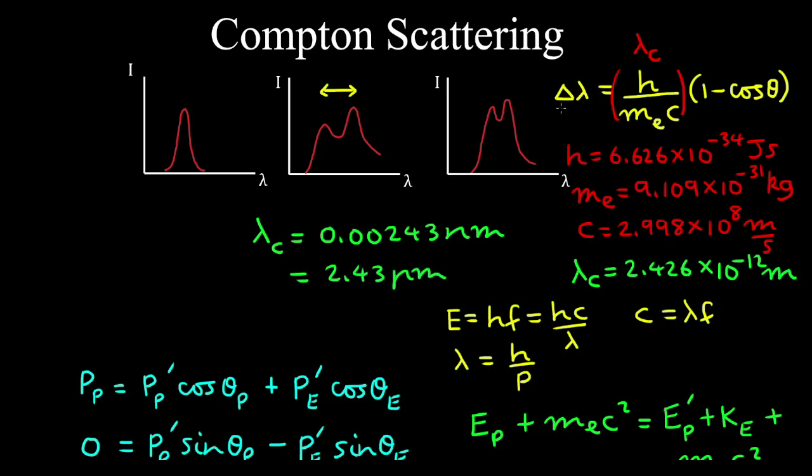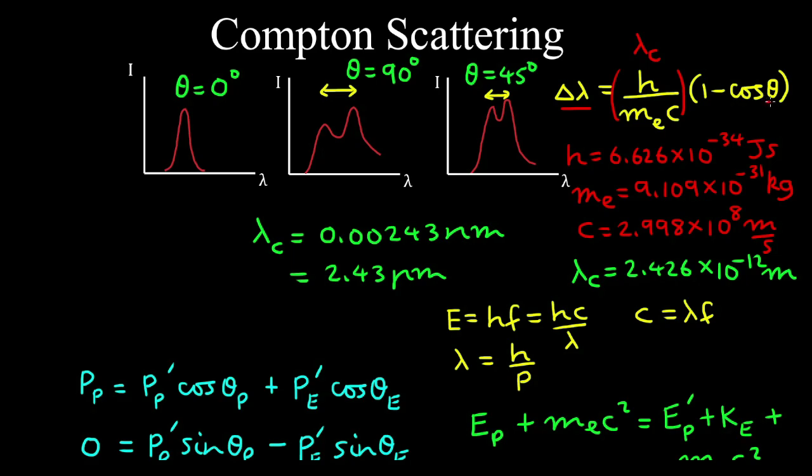So the Compton shift is quite small, and it gets larger with angle. So this here is where the photon does not get deflected, and this here is where the direction of the deflected photon is 90 degrees from the incident direction, and this one is at 45 degrees. So as we can see, the Compton shift increases with an increase in angle.